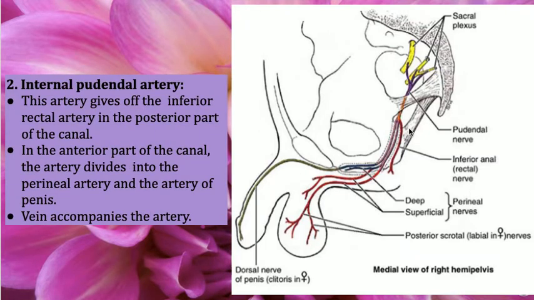Along with the internal pudendal artery, this artery gives off the inferior rectal artery in the posterior part.